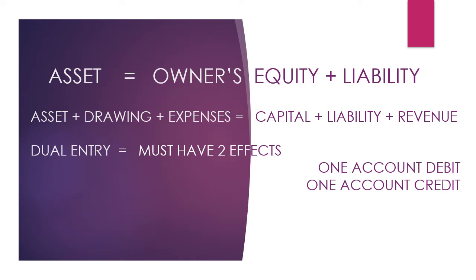And the dual entry is an accounting concept that says you must have two effects for every transaction that occurs in the business. The effect is one account to be debited and one account to be credited. So every transaction has one record on the debit side and one record on the credit side.